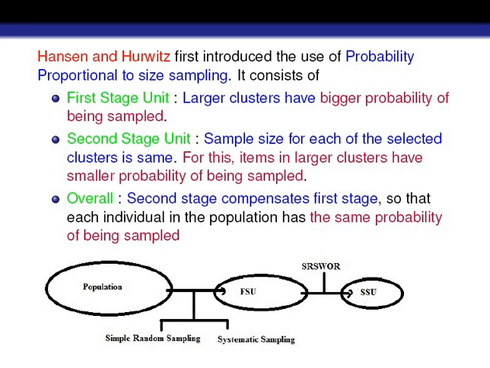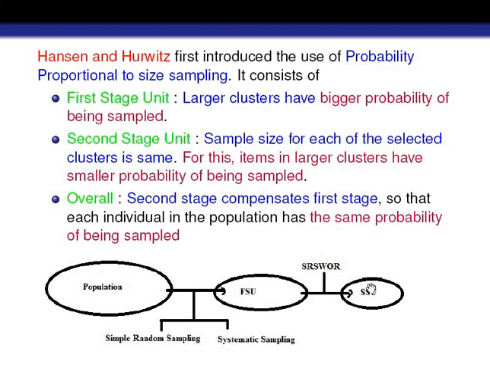In two-stage sampling, we decide the sample size for each selected cluster based on the size of the cluster in the population, or first stage unit. But in probability proportional to size sampling, we are not going to take different sample sizes for different clusters.